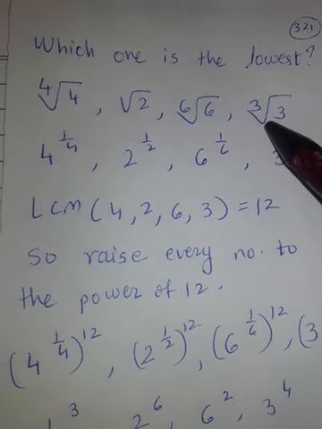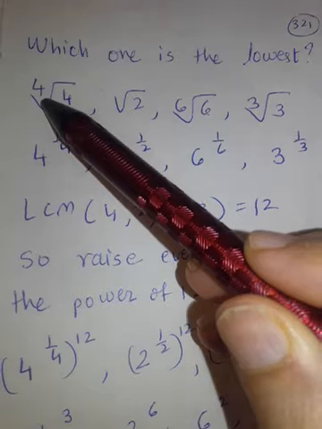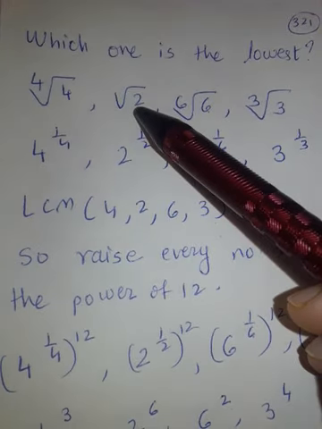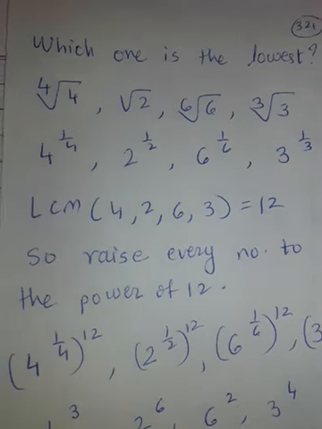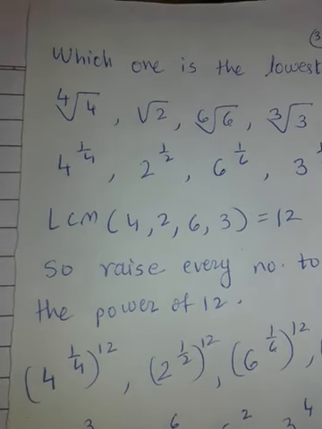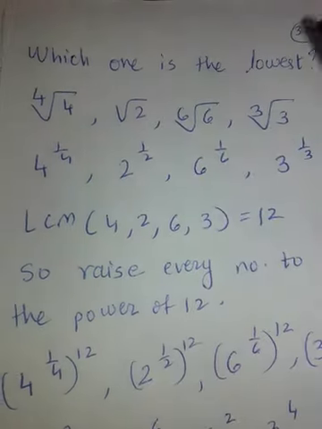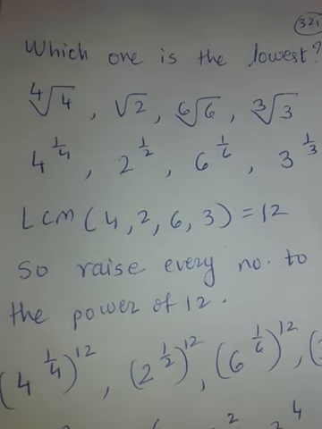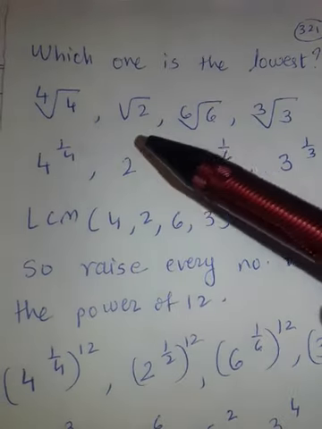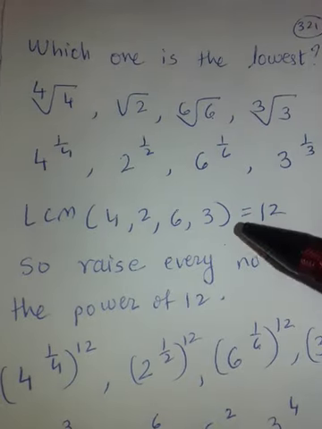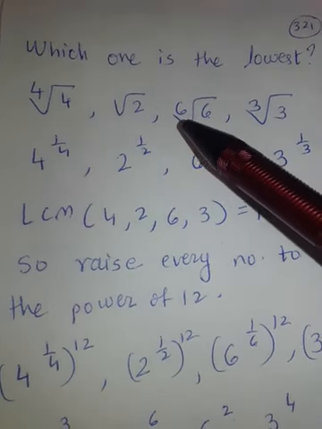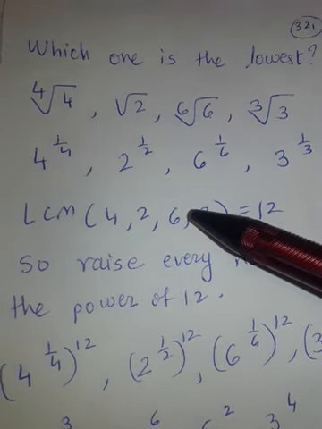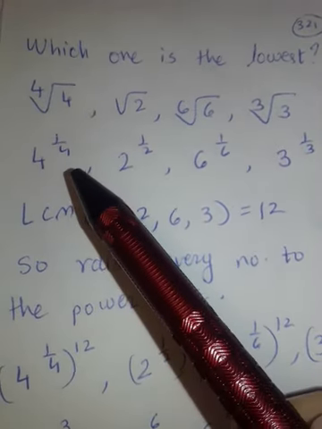These are the surds: 4th root of 4, square root of 2, 6th root of 6, 3rd root of 3. Now we need to find the lowest among them. Again, it is obvious that we won't be able to find their actual values. But there must be some trick with which we can know which one is the lowest and which one is the greatest.